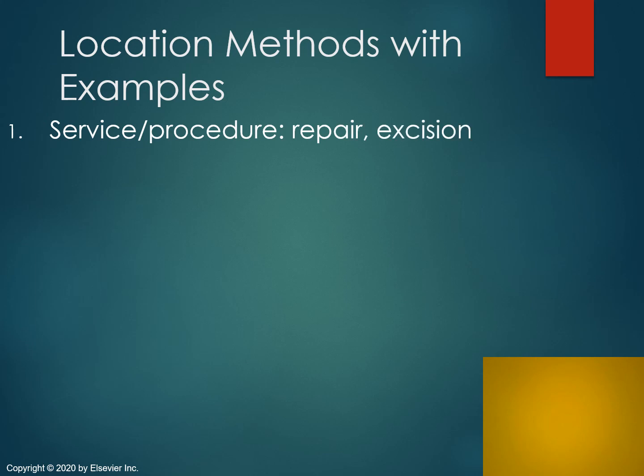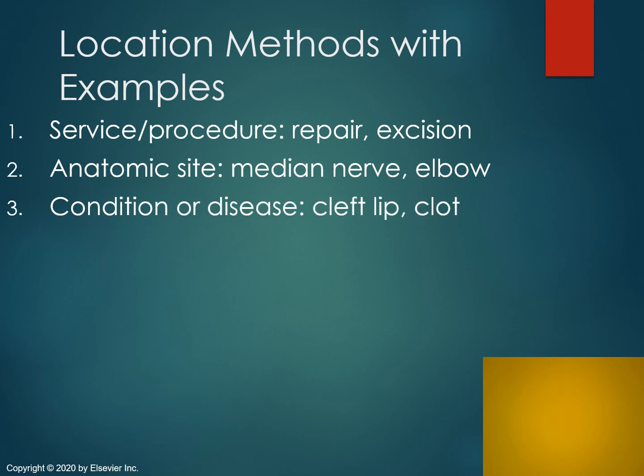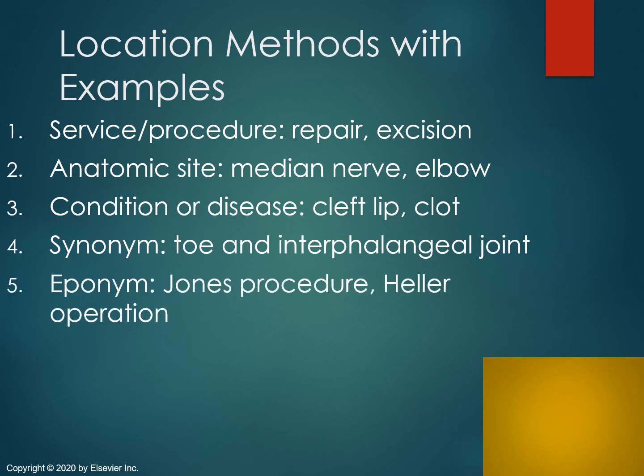So how do we look up some codes? We said by the service or procedure like a repair or excision. Those are main terms that we could look up. By anatomic site, maybe the elbow, for example, or the condition, maybe a clot or a cleft lip, or a synonym, the toe or interphalangeal joint, or an eponym, Jones procedure or Heller operation.